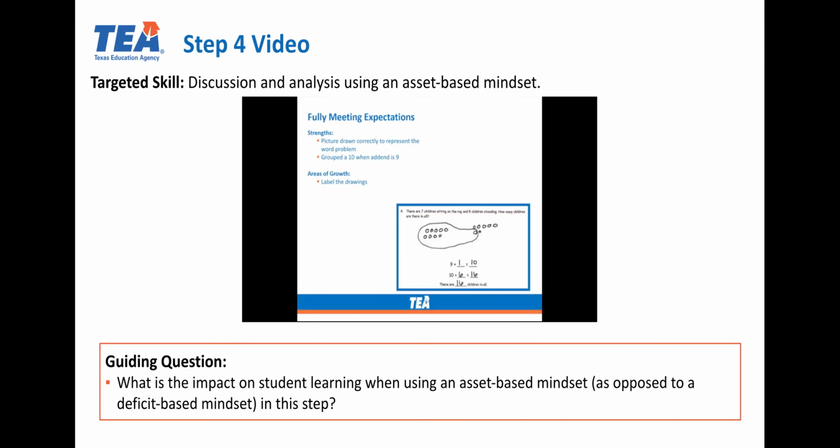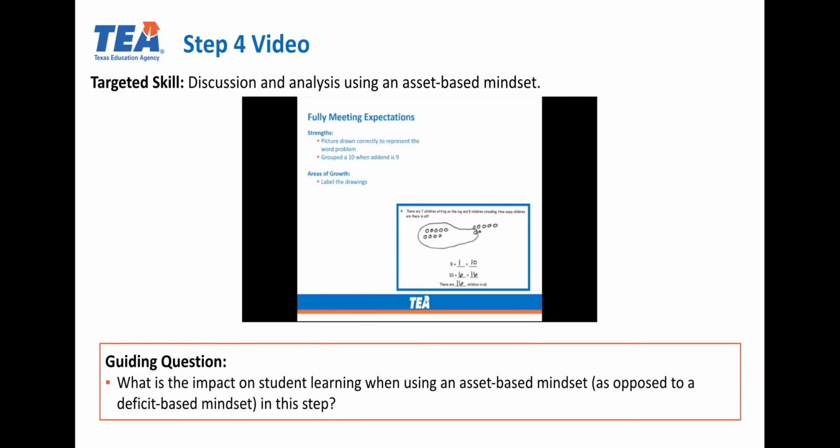And even students who are fully meeting expectations still have plenty of room to grow, and we want to make sure that we are pushing them to honor their skills. Additionally, with all these samples, we want to be sure that we are using an asset-based mindset. In other words, we want to start by looking at what our students can do before we identify what they cannot yet do.